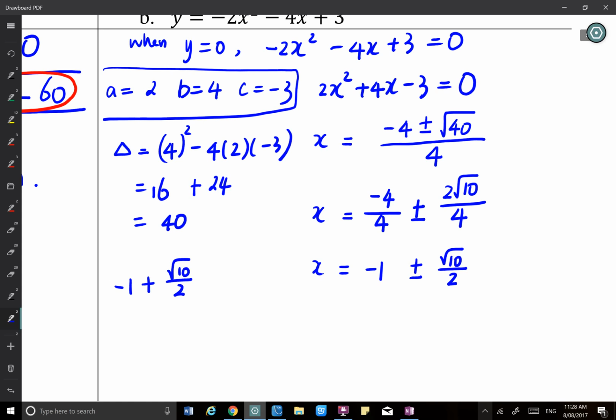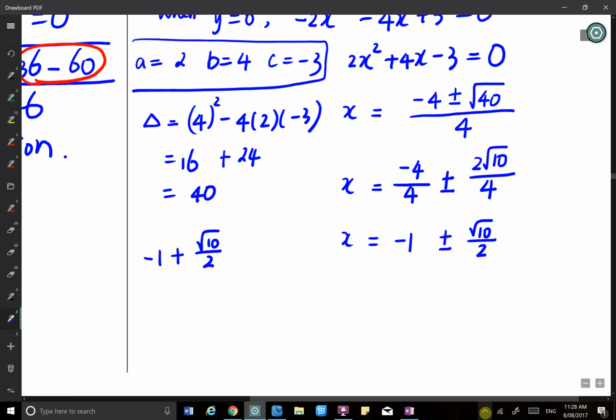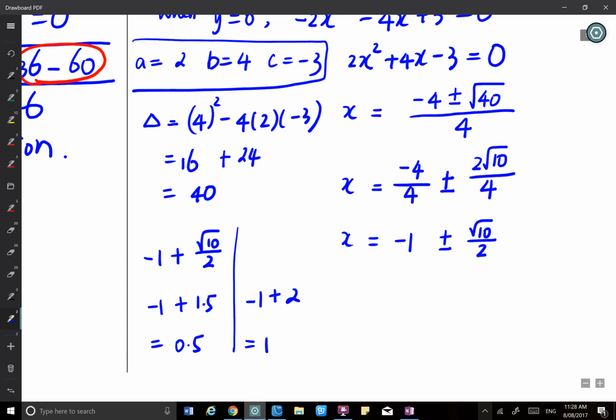About 3 to 4, 3 point something. Let's just say it's 3 first. If it's 3, it's minus 1 plus 1.5, and that gives you 0.5. If it's 4, it's minus 1 plus 2, and that's about 1. So this number will be in between 0.5 and 1.